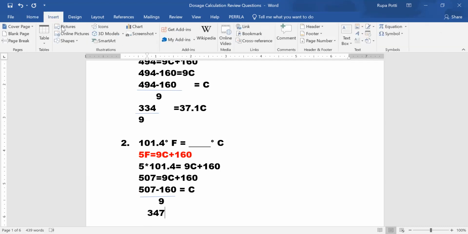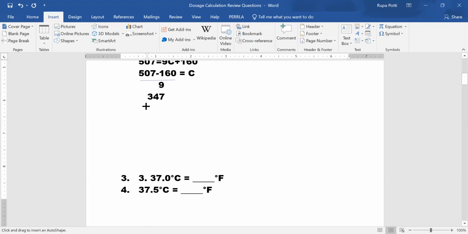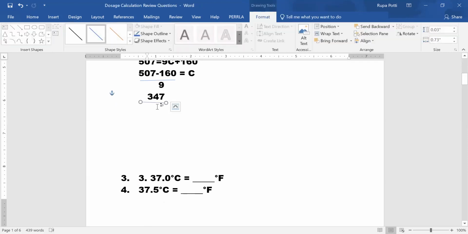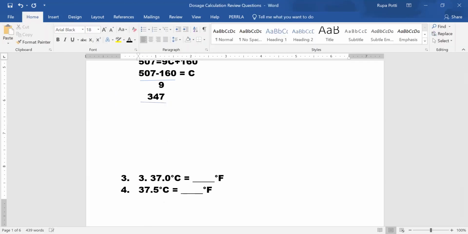divided by 9. That is equal to 38.6 if you round it to the nearest tenth.